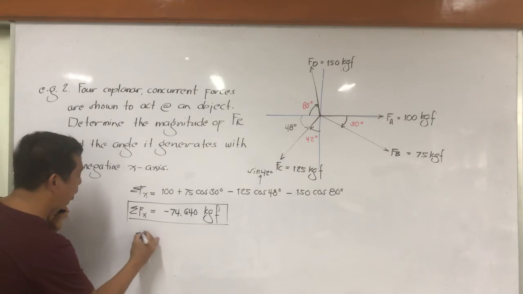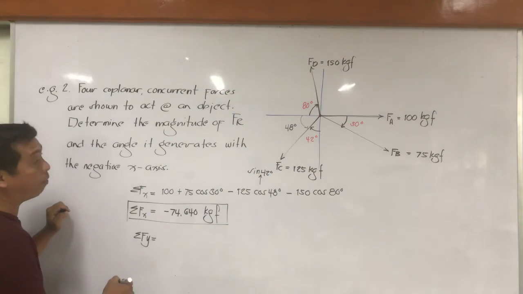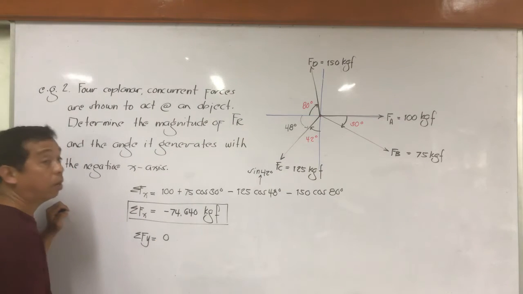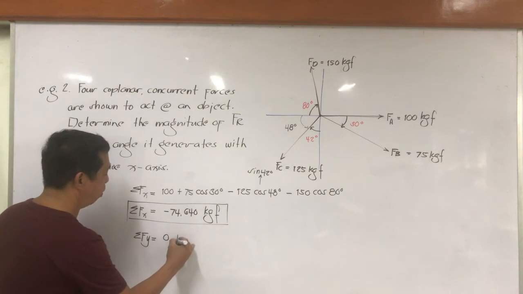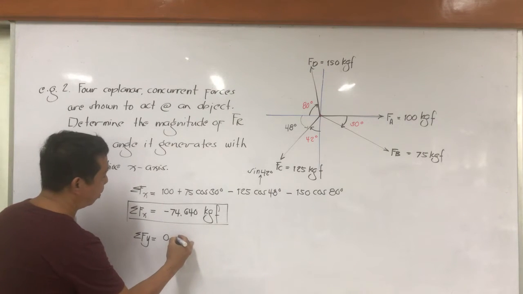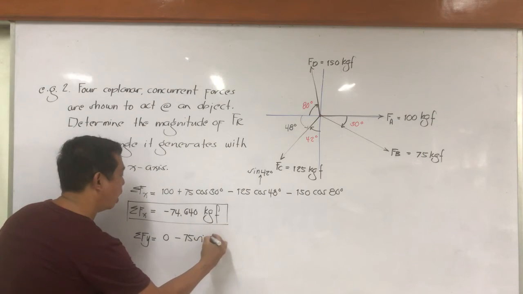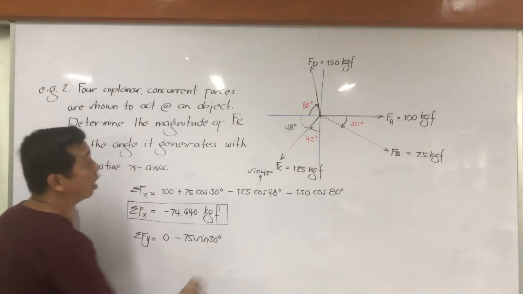After that, makuha natin ang summation ng lahat ng forces sa y. Pinagsasamang forces sa y. That would have to be for FA, wala siyang y component, 0. Tapos, for FB, that would have to be plus negative 75 sine of 30.